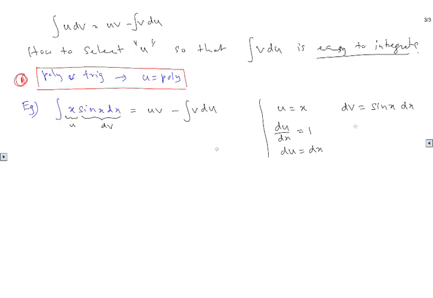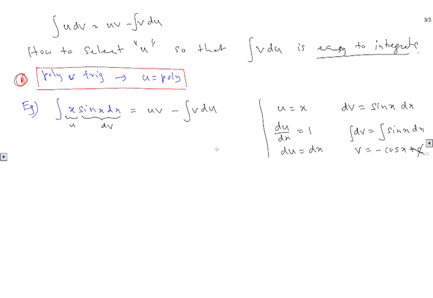If you integrate dv, v, the integral of sine, is negative cosine x. We do not add plus c here. That's very important. We just add that at the end.